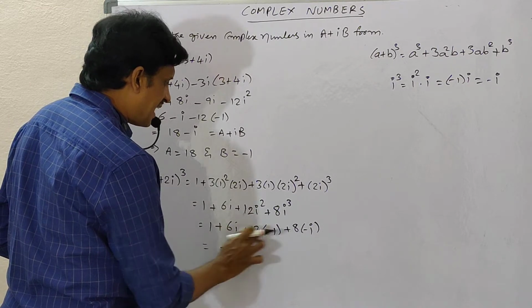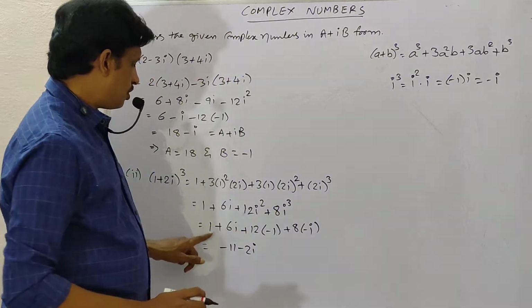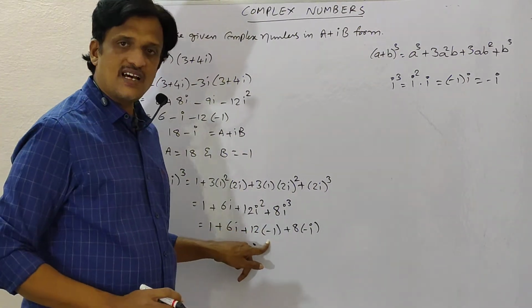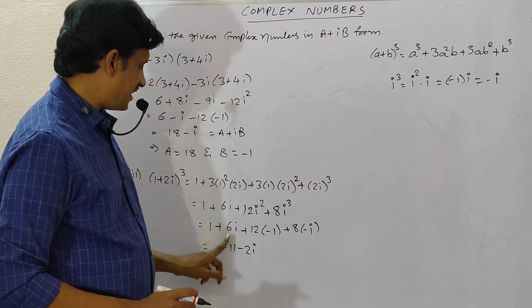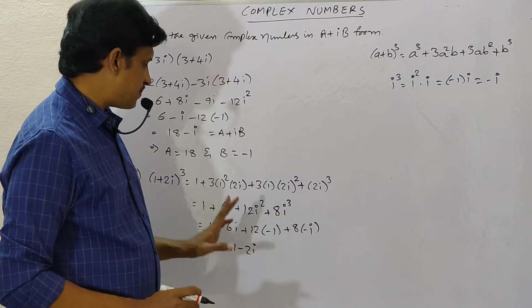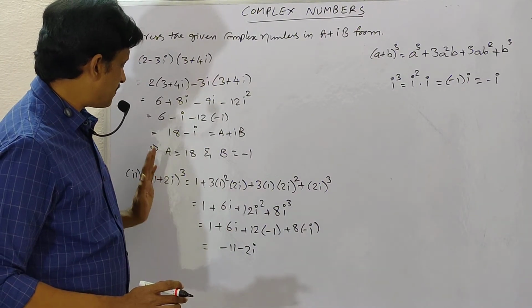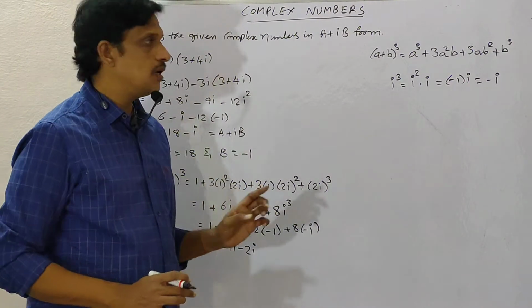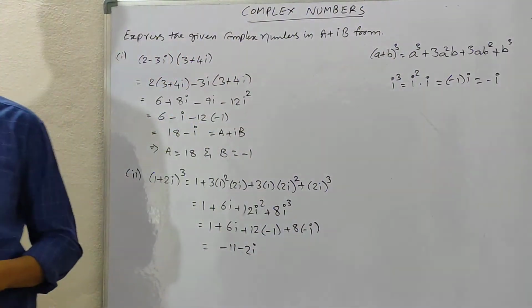The imaginary part is 6i minus 8i, which will be minus 2i. 1 and minus 12 are the two real parts here, so 1 minus 12 is minus 11, and 6i minus 8i gives minus 2i. So that is the required a plus ib form of the given complex number 1 plus 2i whole cube. By using the a plus b whole cube expansion, you can write it like this.